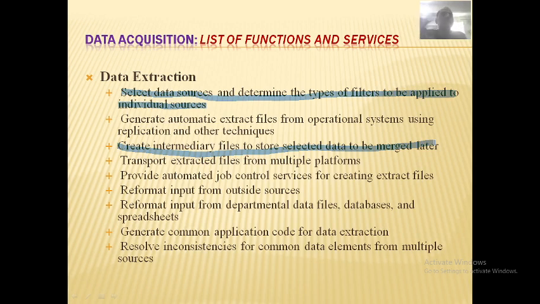That function is also provided here in data extraction. Now if the file is big, assume that only some part of the data is extracted, and later I am going to extract the remaining part of the file. Later it has to be merged because we want to make it a single file.